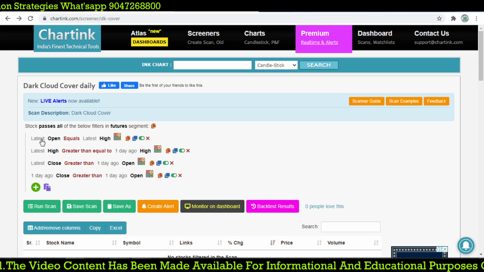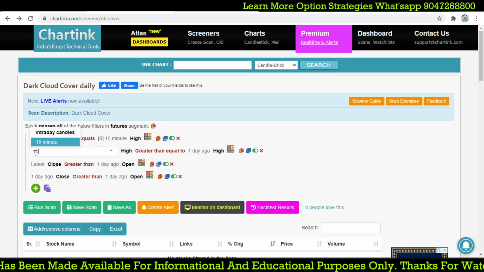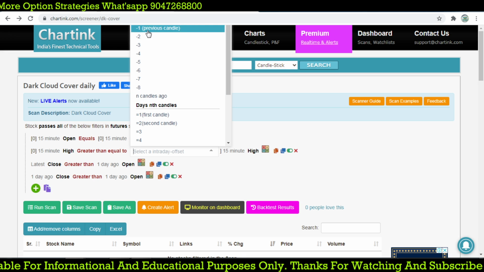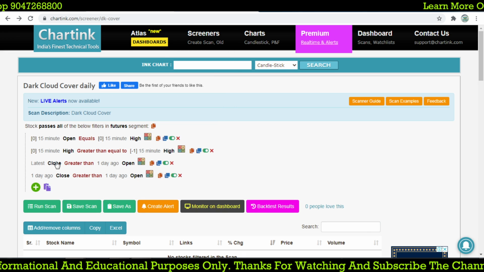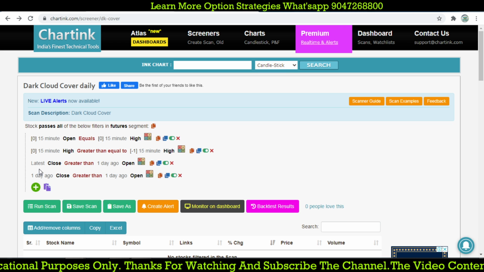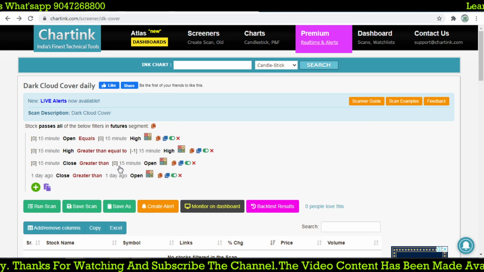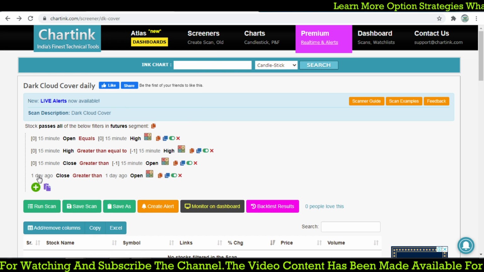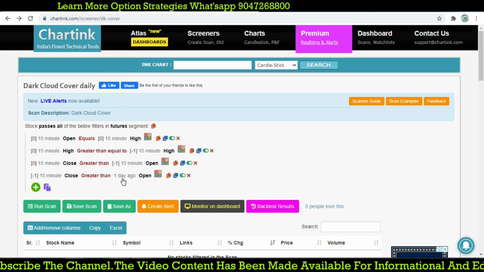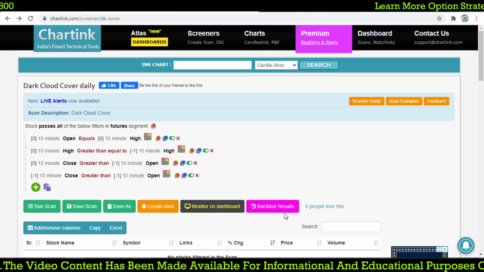Yeah, the latest one, both are the latest 15 minutes candle, and the latest 15 minutes high equal to minus 1 15 minutes candle, right? And the latest close, that is 15 minutes close, greater than 15 minutes minus 1, the previous candle, and it should be a 15 minutes candle. So that is a green candle we are expecting.